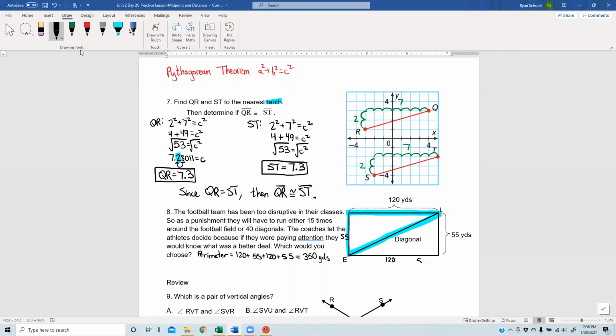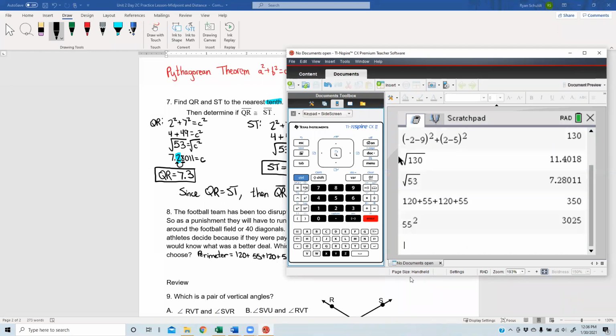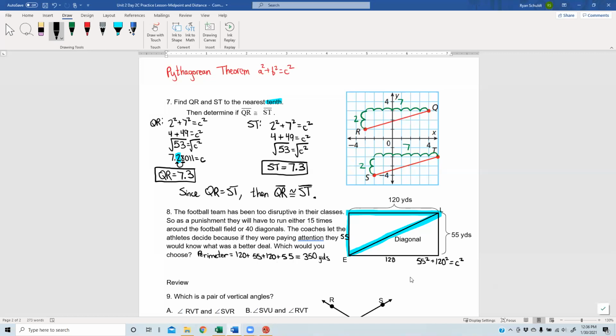I can say that 55 squared plus 120 squared equals c squared. 55 squared is 3025. 120 squared is 14,400, equals c squared.